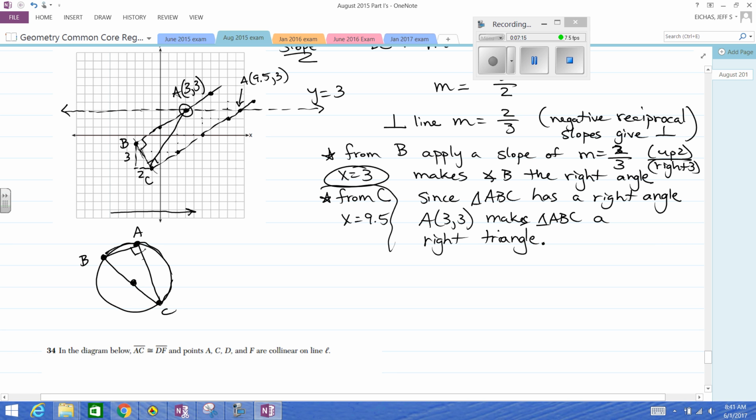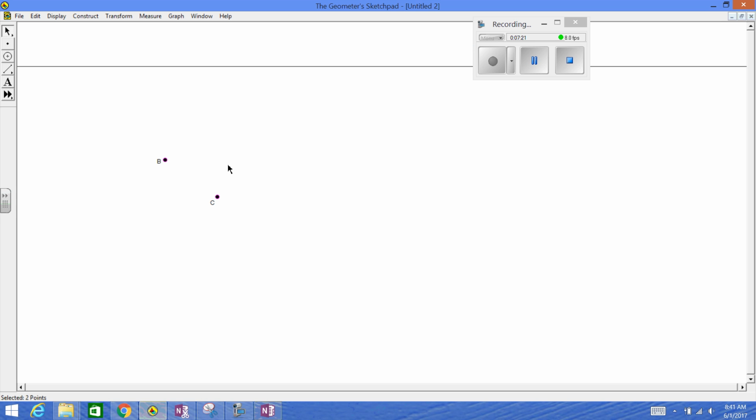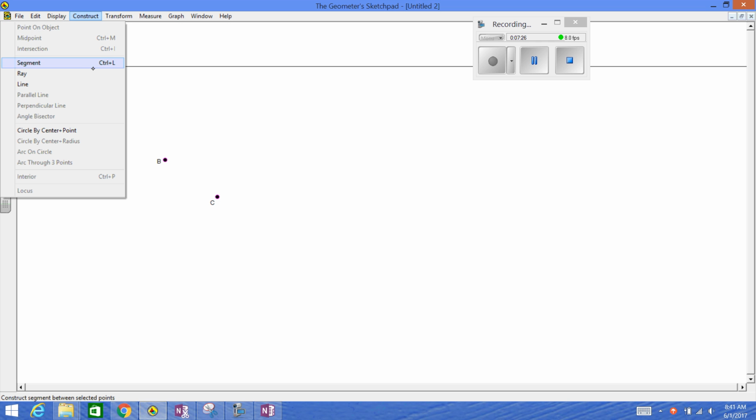That's one of the circle's properties. So I'm going to use that concept over here on Geometer's Sketchpad. What I'm going to do is construct a circle eventually. I'm going to draw that segment.